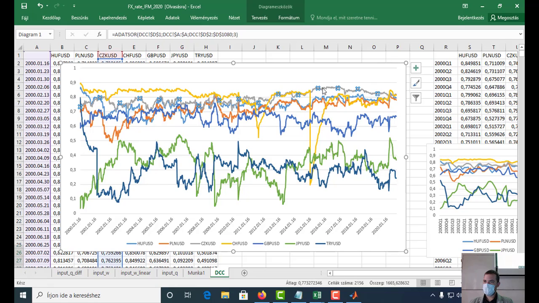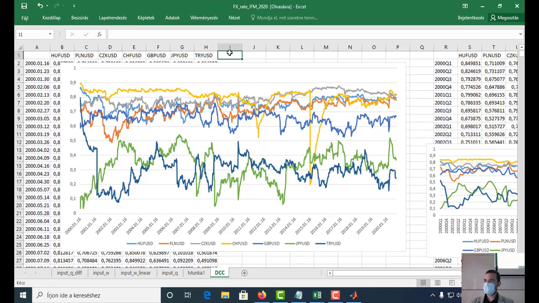We can also find the same thing with the Czech koruna. So actually the Czech koruna is completely stuck to the euro. Sorry, all the correlations are with the euro and US dollar.